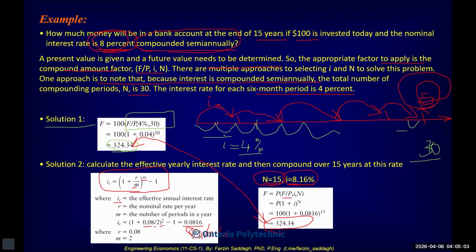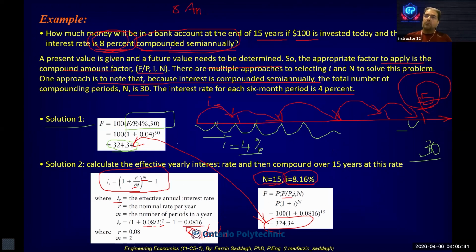It means we are going to calculate the effective interest for each year, and after that we are going to put it in the formula. So I have also a question. Do you hear me? Sure. Why did you use effective annual interest? Because the question talks about a nominal interest rate and you used an effective annual interest rate. We are using 8% annually in case the compounding is annual.